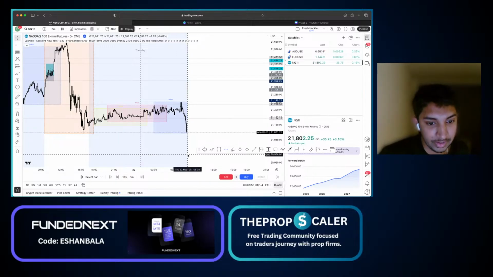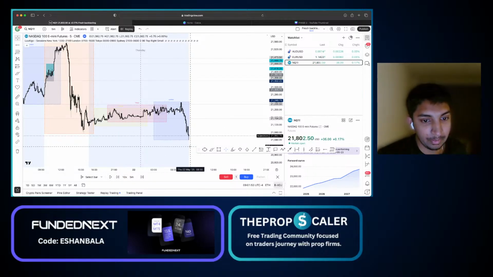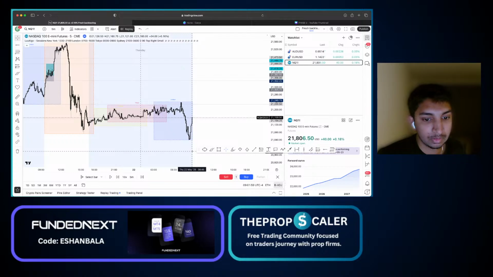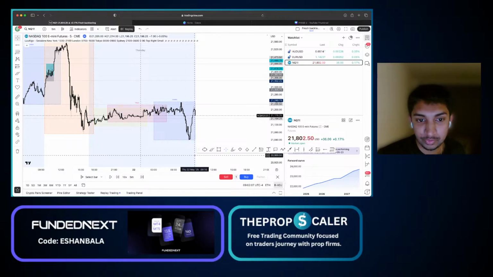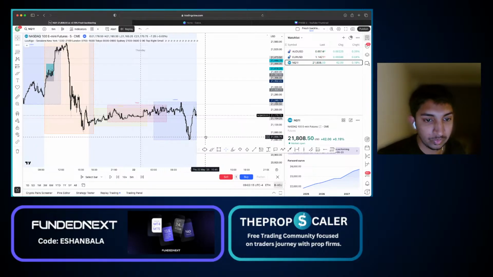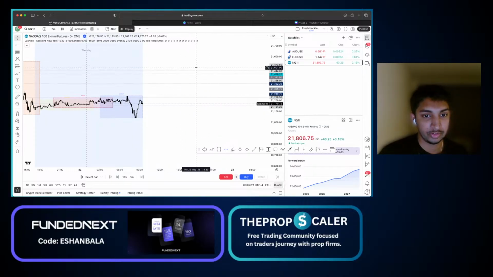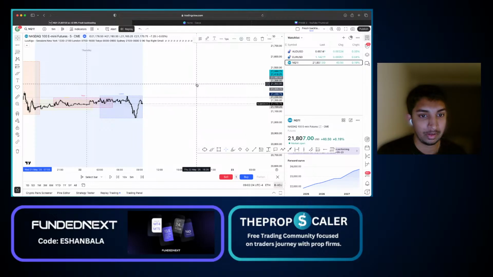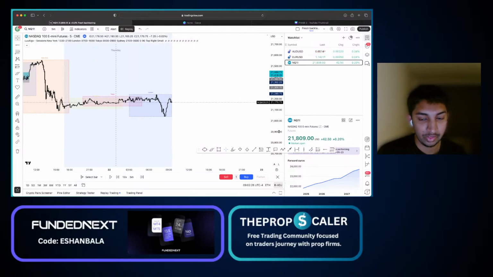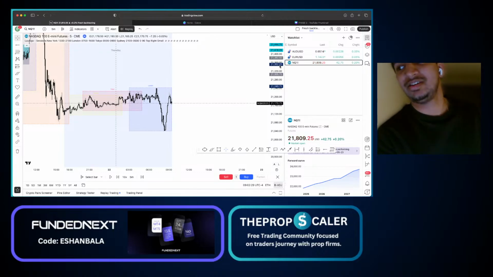Cool, we're getting to 9:30 now, and this is where we are going to mark some new levels. Any questions, do please feel free to send through. I'm happy to answer them. Cool. So again, we get rid of all this other stuff on the chart. We want to keep our charts very clean. The more simple the strategy, the easier it is.